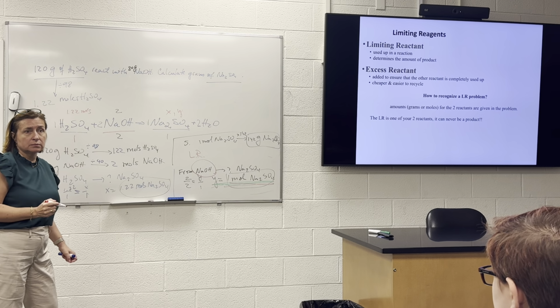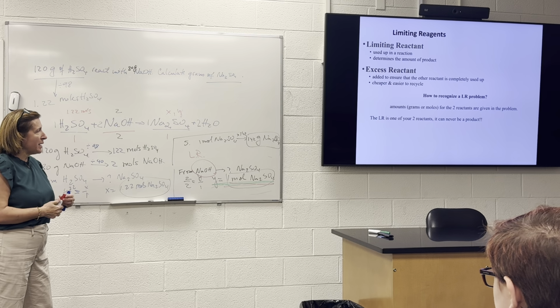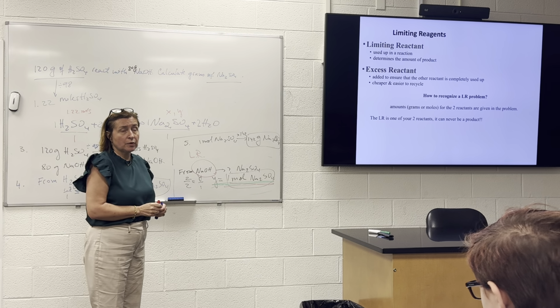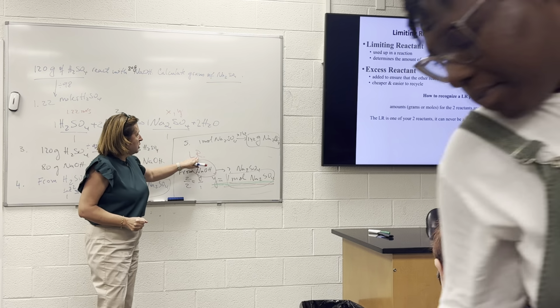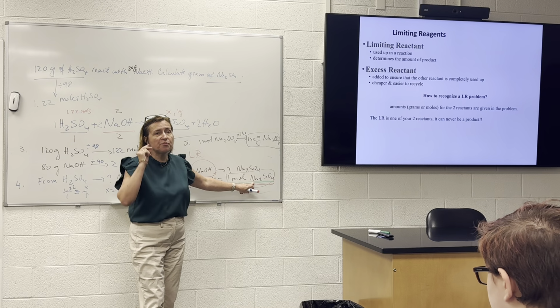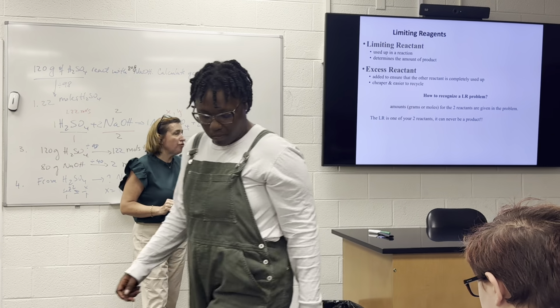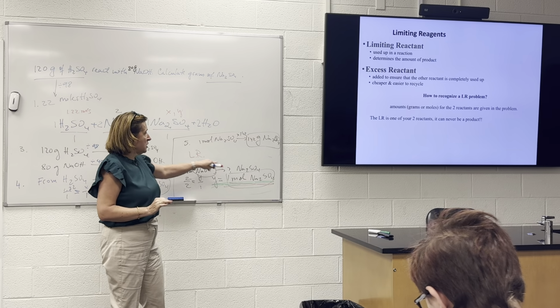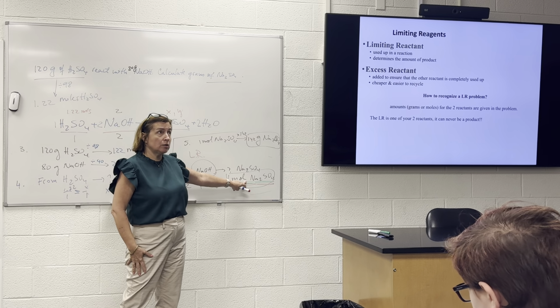Where did we get the 142 from? The molar mass of Na2SO4 was 142. Right? So NaOH is your limiting reagent because it led you to the smallest amount of product. Na2SO4 is your product. So NaOH, limiting reagent, leads you to the theoretical yield.